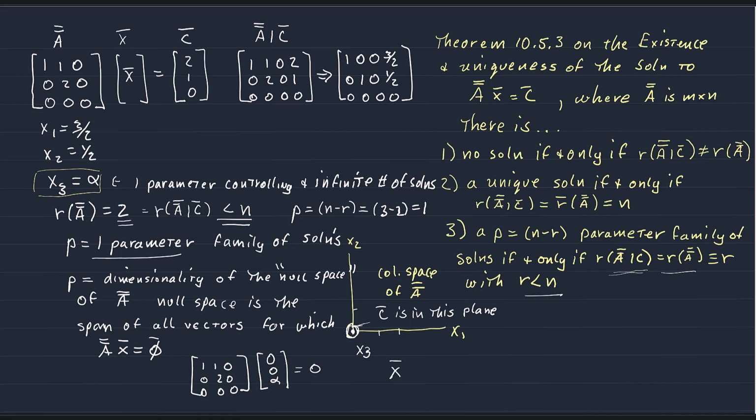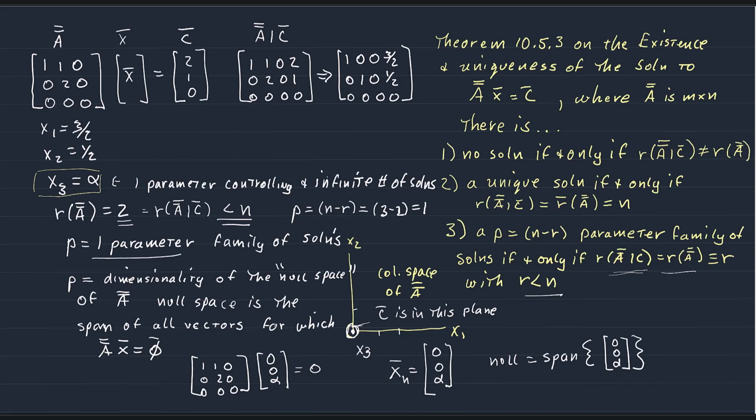So the null space of A is defined by this vector. And so the null space is equal to the span. We would write this formally as the span of 0, 0, alpha.